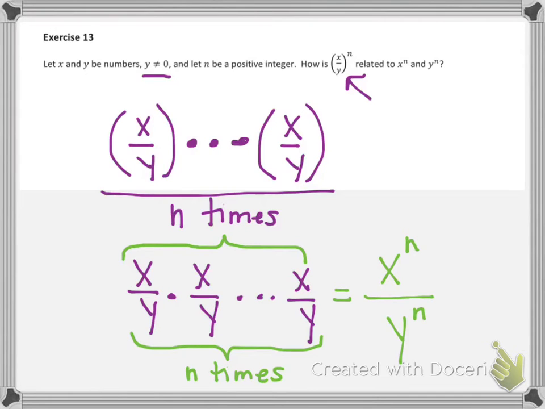So we have x to the n over y to the n, and that is equivalent to this x over y raised to the nth power. So these two are the same, and you can see how they relate to each other, and they are equivalent to each other.